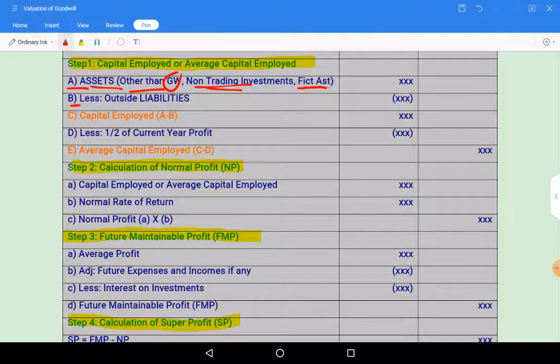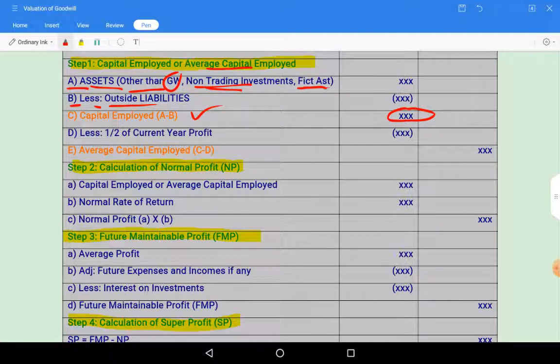Other than this, we need to take all other assets' values. From that, B, less outside liabilities. B for outside, बाहर वाले. Assets minus liabilities, you will get capital employed. Sometimes we are going to calculate average capital employed.